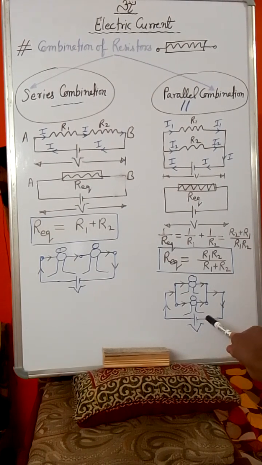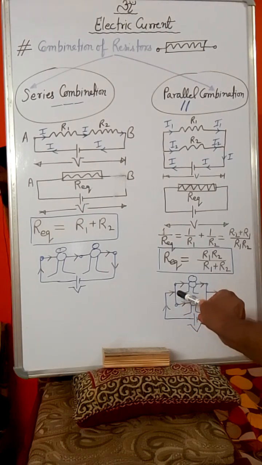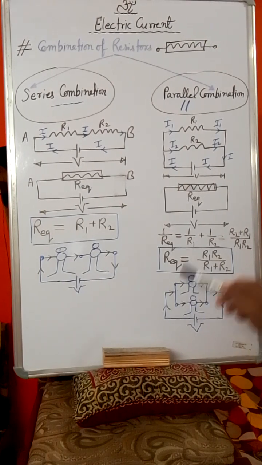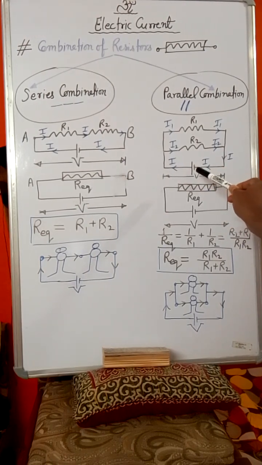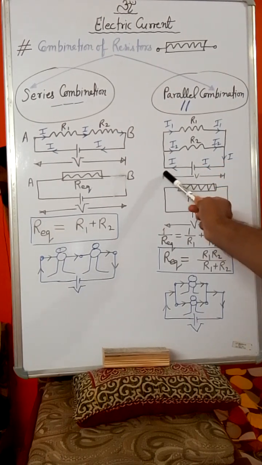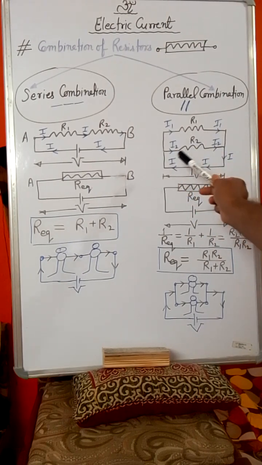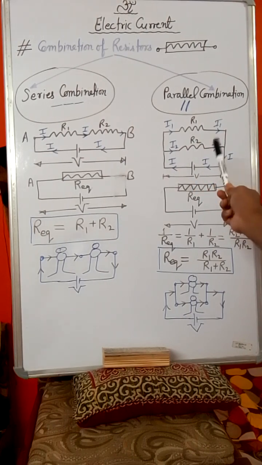So the current passing through the cell is divided into two parts. Suppose I is the current coming from the cell. When the current I moves from here and reaches this point, there are two branches: this one in which resistance R1 is there, and the second branch in which resistance R2 is there, right?